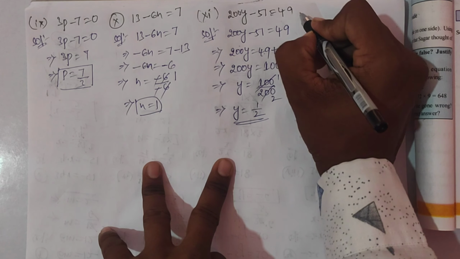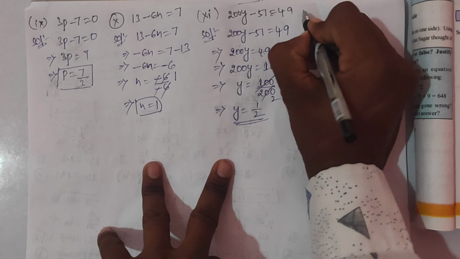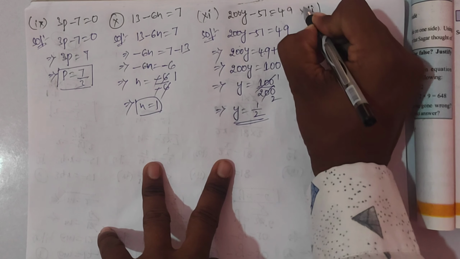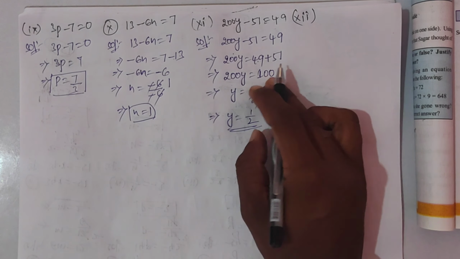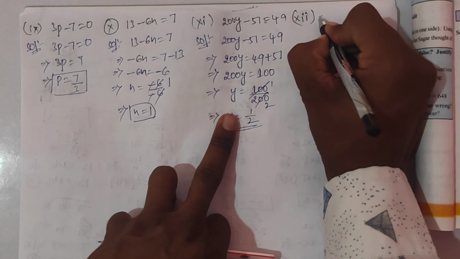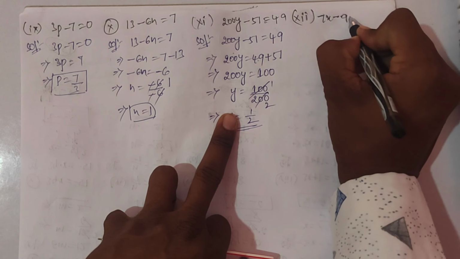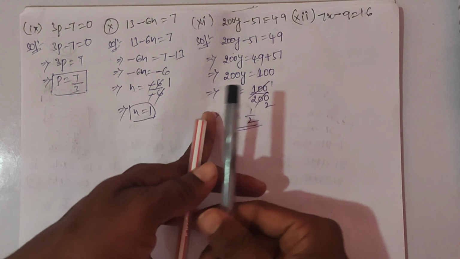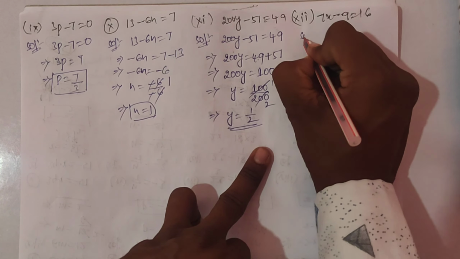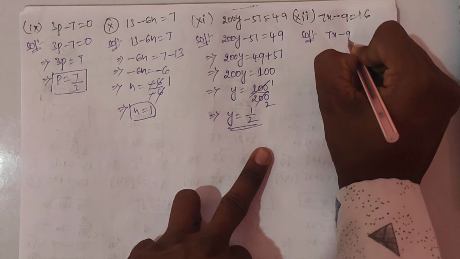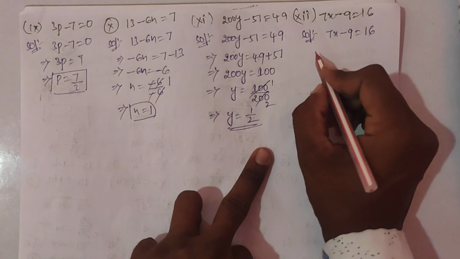Next, 12th one. What's the question? 7x minus 9 equals 16.